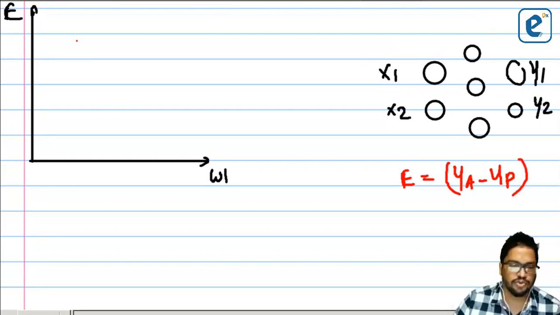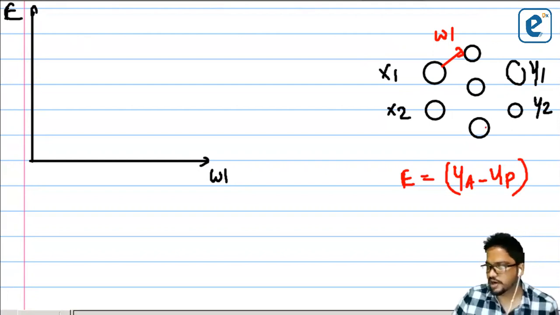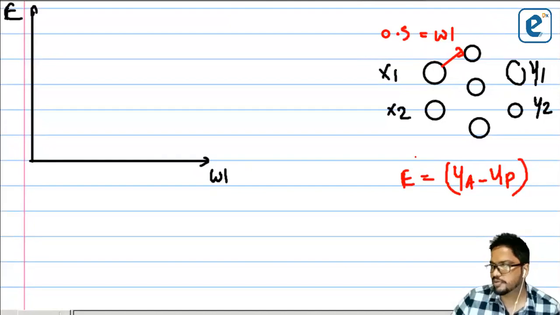So what we can do now, let's say we are dealing with this one. This is weight one of the neural network, and we know y1 and y2, the y actual and the y predicted. Now let's assume that we know the value of w1 is 0.5, and the error coming from here is, let's say, 10.